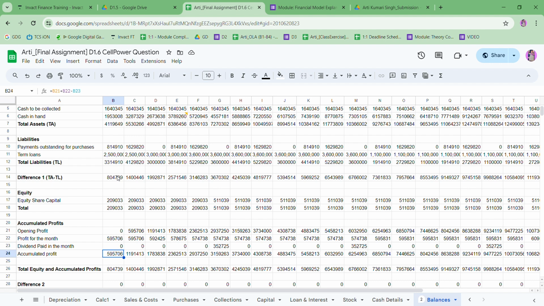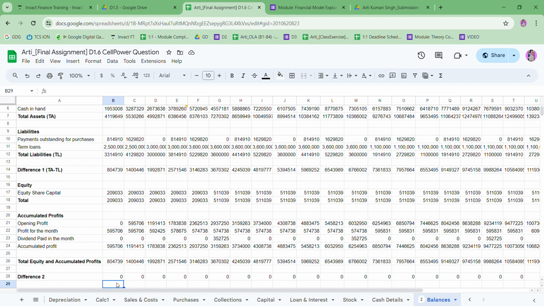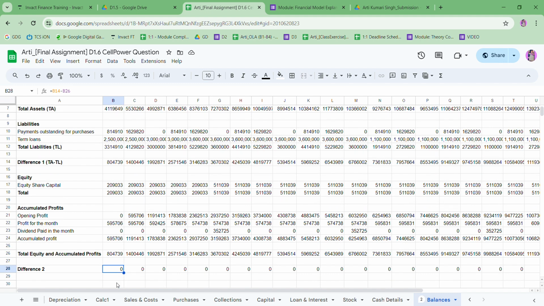So in accumulated profit, how we have calculated our closing accumulated profit, we have added opening profit with profit for the month and deducted dividend paid in the month to get the accumulated profit. And then total equity and accumulated profit, we have added equity and accumulated profit to get it, and after that we have deducted total liability from total asset to get this difference, which is 0.